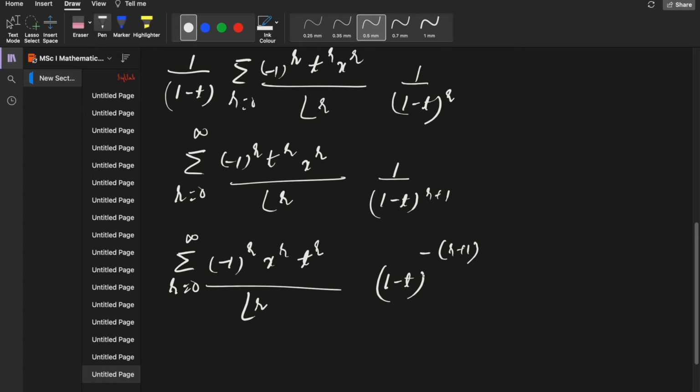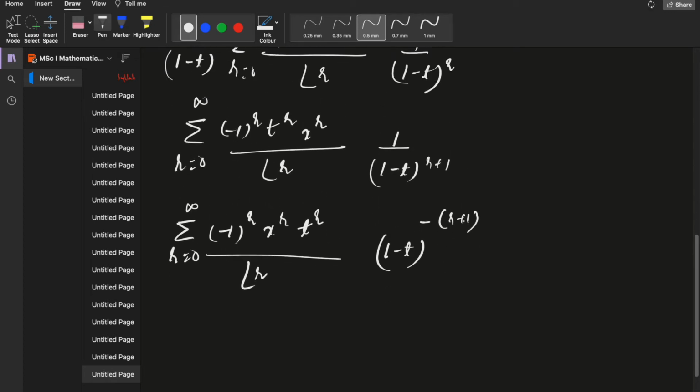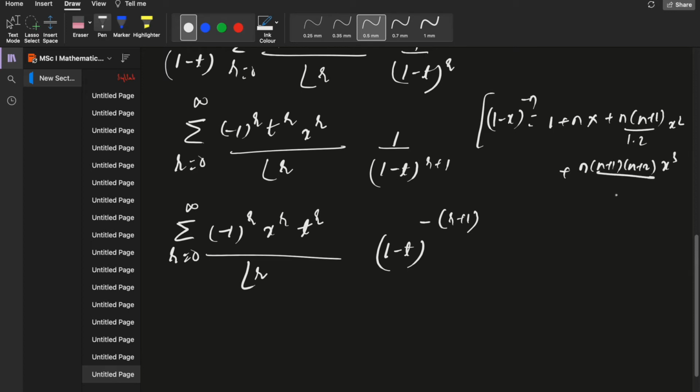Now I need to open this expansion. I know 1 minus x to the power minus n can be expanded as 1 plus nx plus n into n plus 1 upon 1 dot 2 x square plus n into n plus 1 into n plus 2 x cube upon 1 dot 2 dot 3 and so on. I can expand this binomial using this formula.